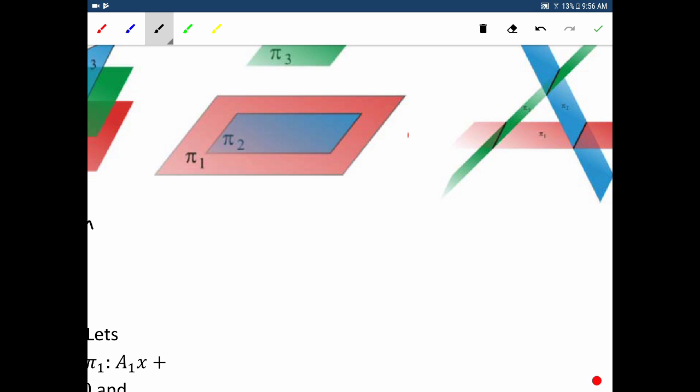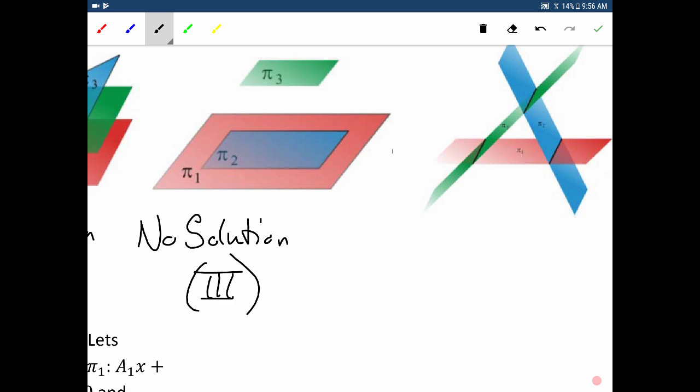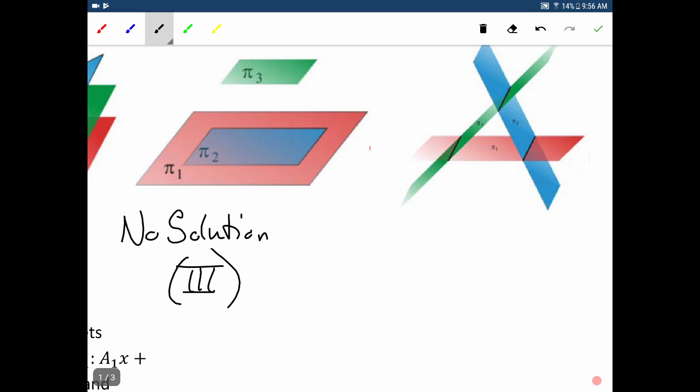This next one is called no solution type 3. This is where you've got 2 planes that are coincident and another plane is parallel to those. And finally, the delta configuration.